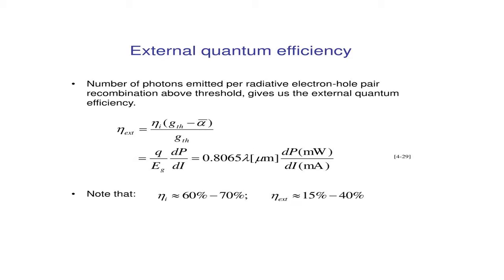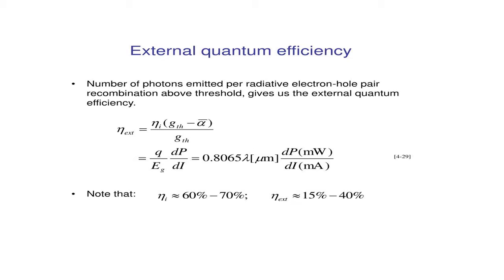So the number of photons emitted per radiative electron-hole pair recombination above the threshold will give the external quantum efficiency as eta external is equal to eta I into (GTH minus alpha bar) divided by GTH, that is equal to Q by Eg into dP by dI, that is equal to 0.8065 lambda in micrometers, dP in milliwatts by dI in milliamps.